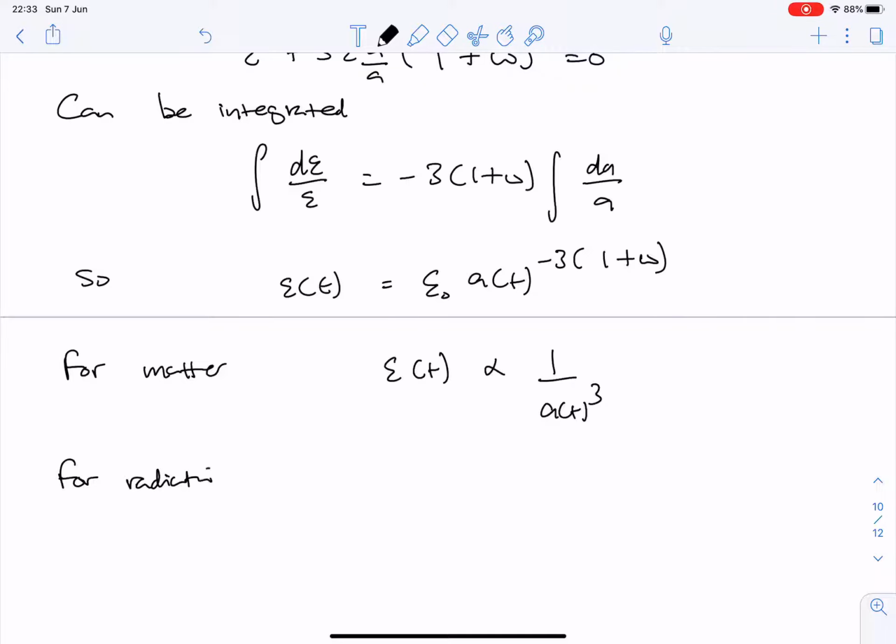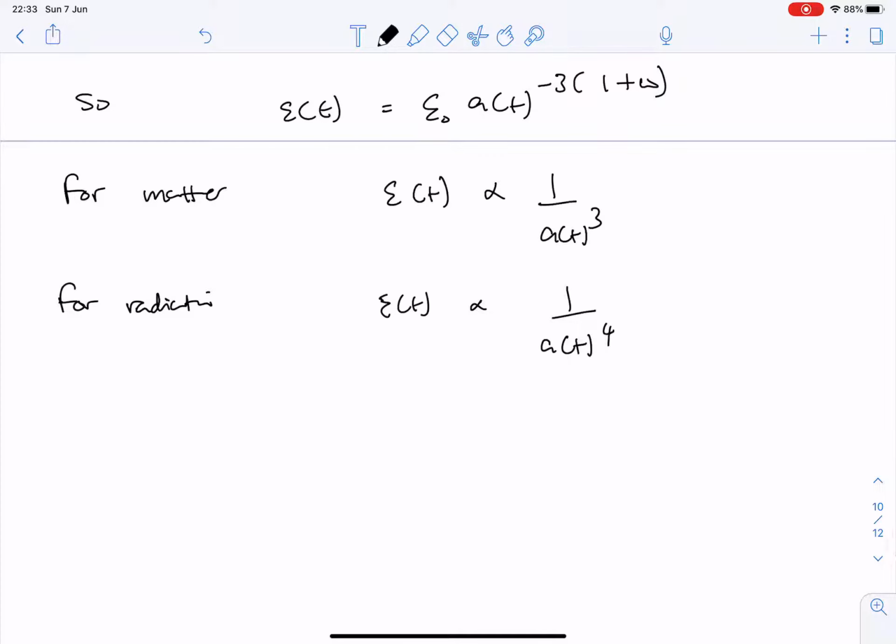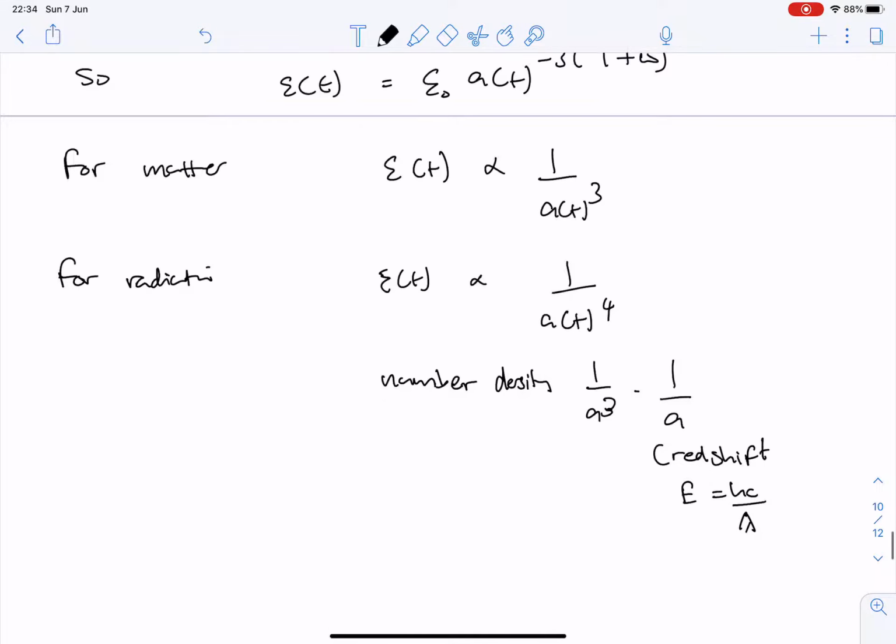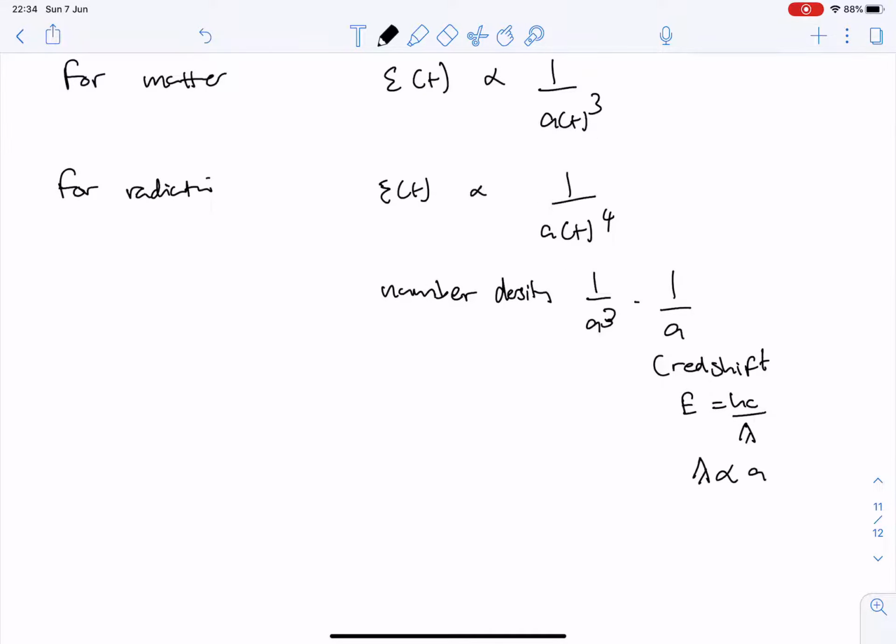For radiation, we just have E of t is proportional to 1 over a of t to the 4. And you can think of this as being a number density effect, which is just 1 over a cubed, times a redshift effect, i.e. the energy of a photon is E equals hc over lambda, and lambda is proportional to a.